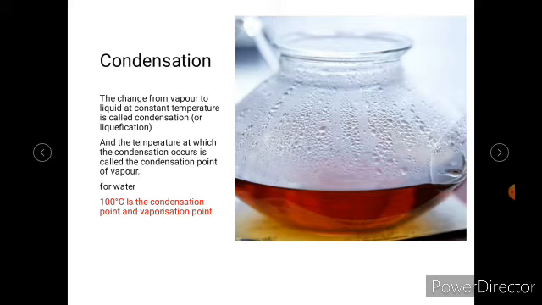This process is known as condensation. The temperature at which condensation takes place is known as the condensation point of a vapor. We know that for water, condensation occurs at 100 degrees C, and boiling also happens at 100 degrees C, from the curve that we have learned.